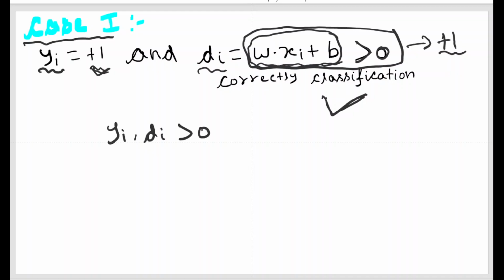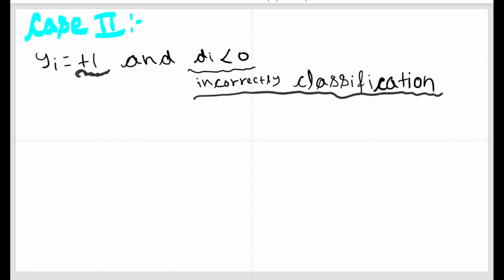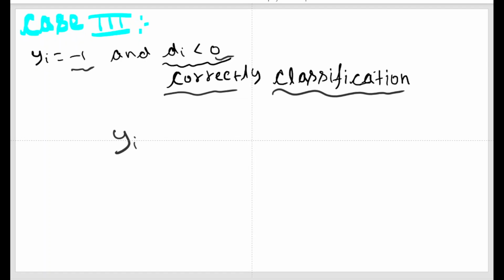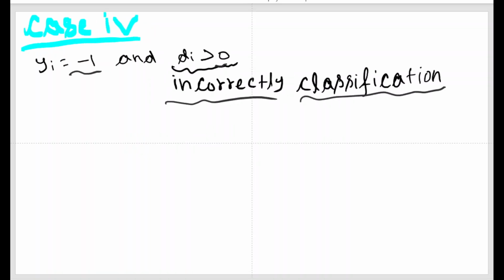So in correct classification, yi di is greater than 0. And in incorrect classification, we have yi di less than 0. Here yi into di is greater than 0, because minus 1 times minus 1 is plus 1, greater than 0. And in case 4, yi di is less than 0.